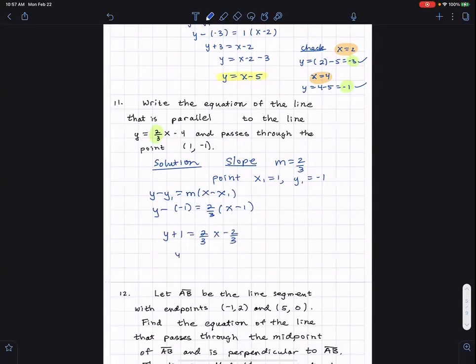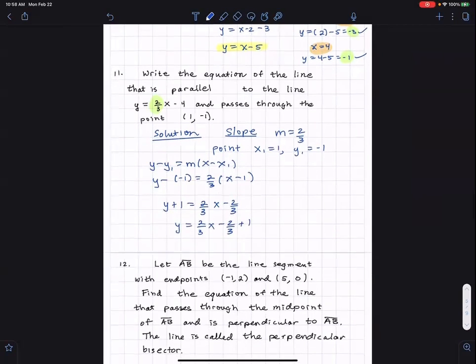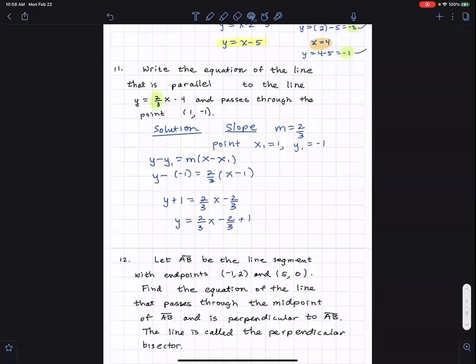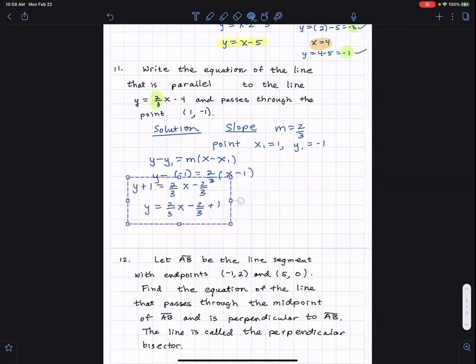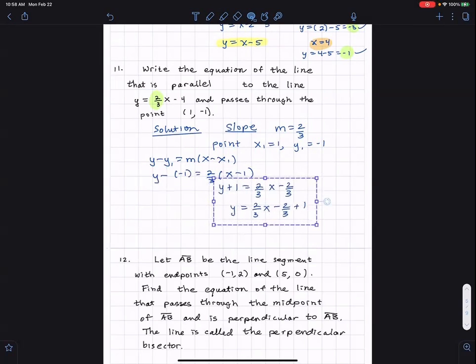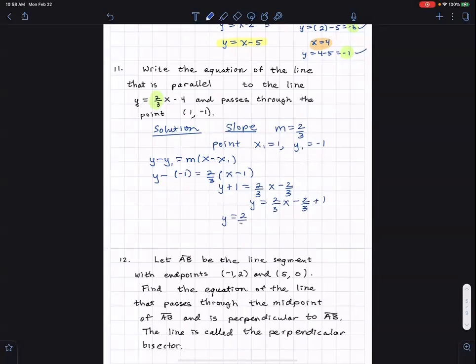For whatever reason, when I made this problem, I thought I would torture everybody with fractions. Well, 1 is 3/3, so y equals 2/3 x minus 2/3 plus 3/3.